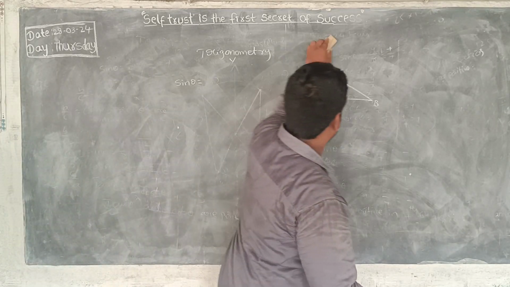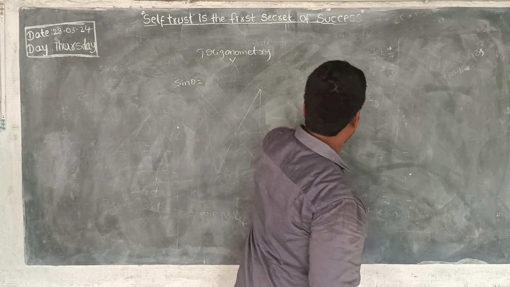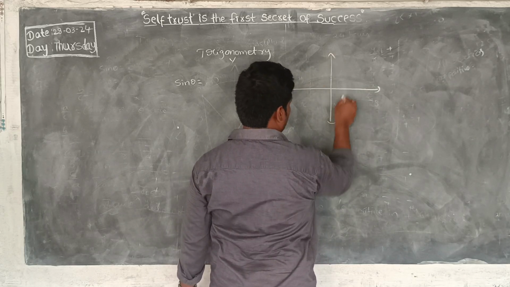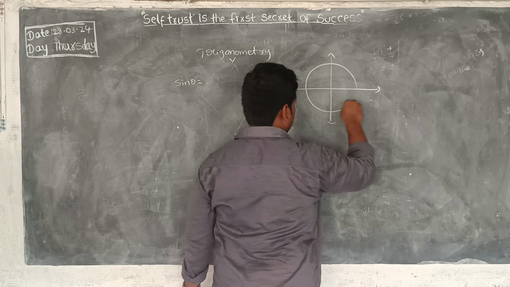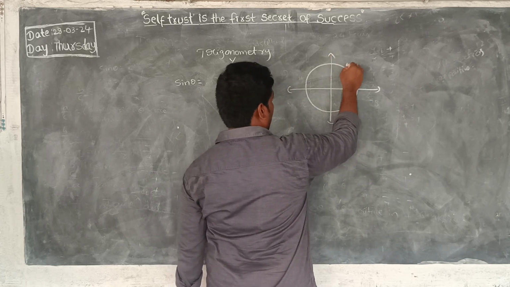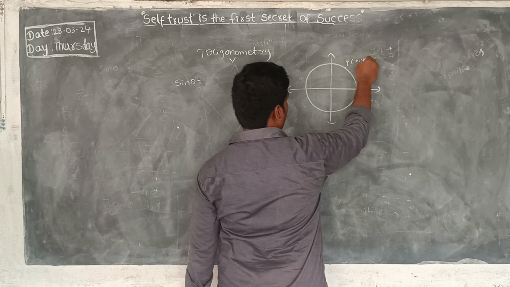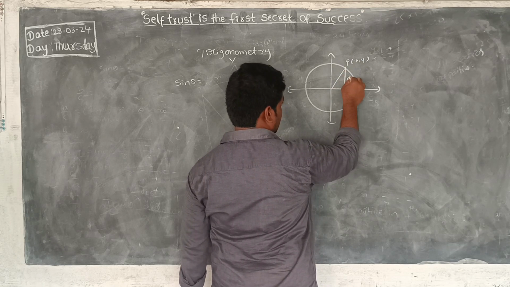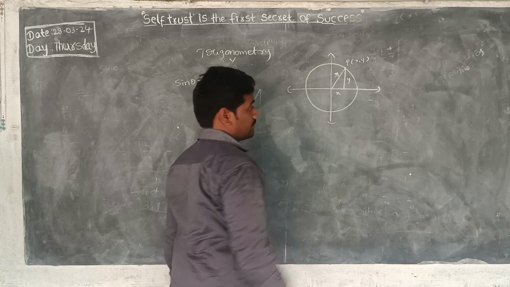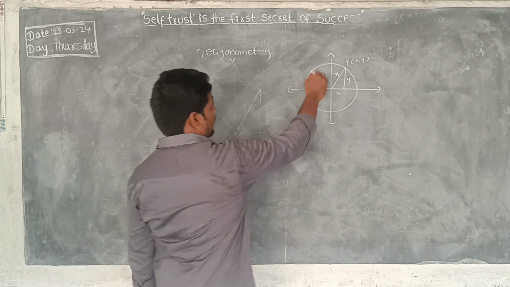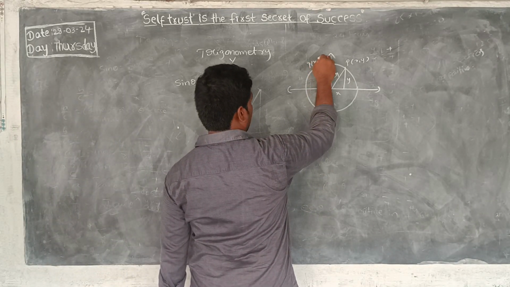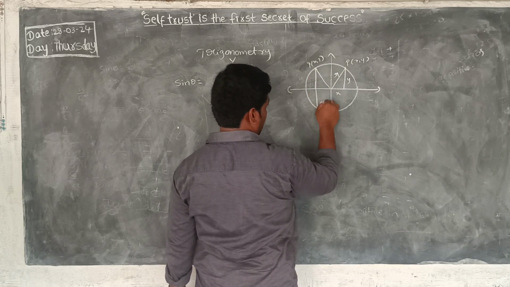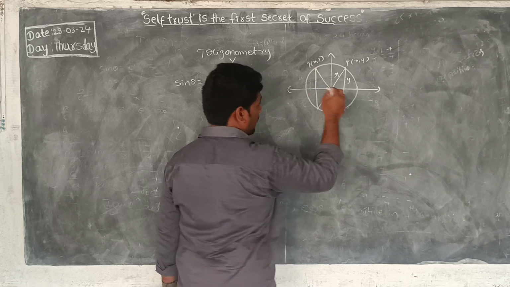In the circle, I am taking the rectangular coordinates, so we can understand clearly. The point is P at x comma y, with y, x and r like this.